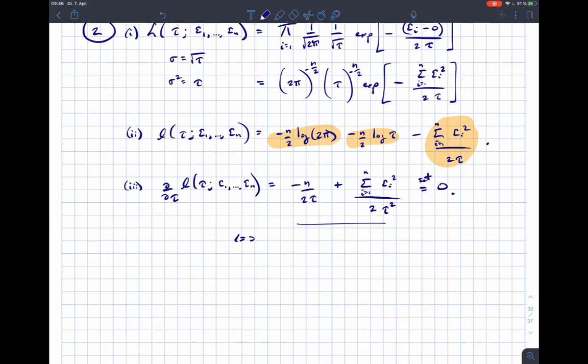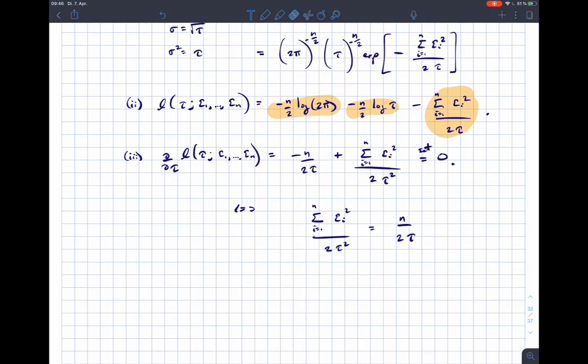Having set that equal to 0, I can move this onto the other side, getting sum of the squared epsilons over 2 tau squared equals n over 2 tau. I can multiply both sides by 2, divide both sides by n, and multiply both sides by tau squared.